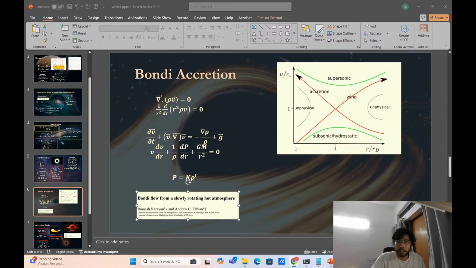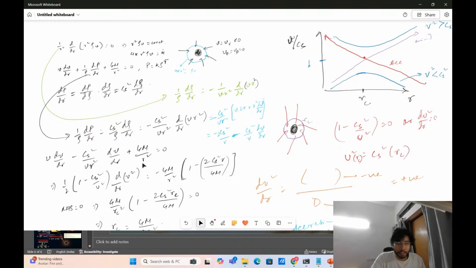It comes from the fact that del V del R at the sonic point is infinity. So if you see, there is an infinite slope at this point. Let me go back to the whiteboard. I'll just explain this qualitatively. If this is infinity, that means V equals Cs.